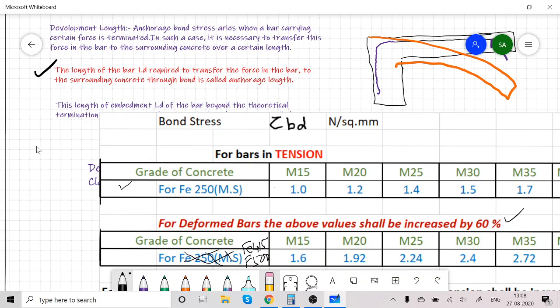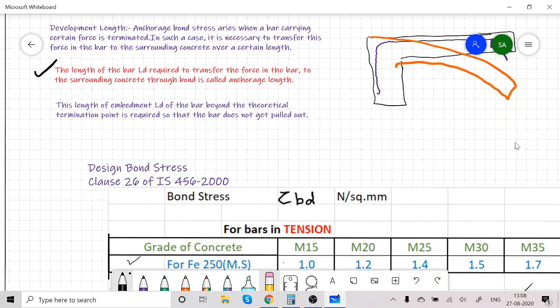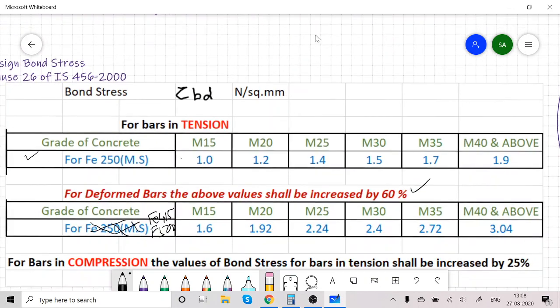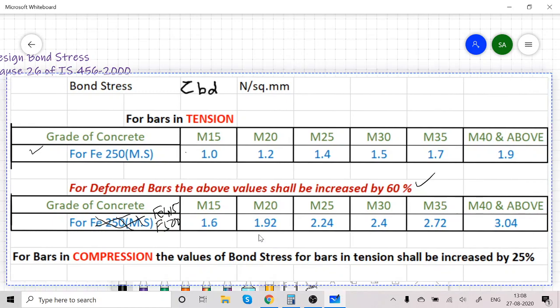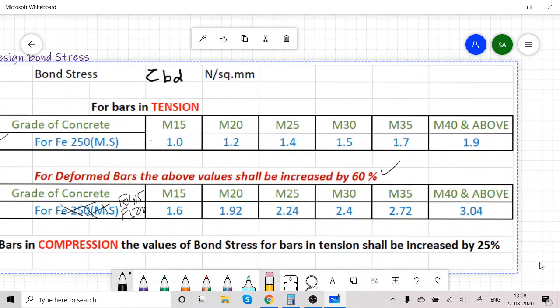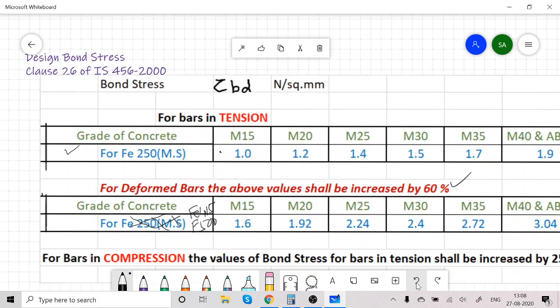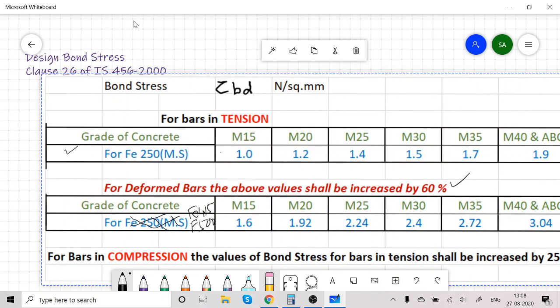This table gives us the value of tau BD. Remember, this table is for bars in tension and for mild steel, and this table is for bars in tension for torque steel, that is Fe415 and Fe500, and if the bars are under compression, increase the values by 25%.